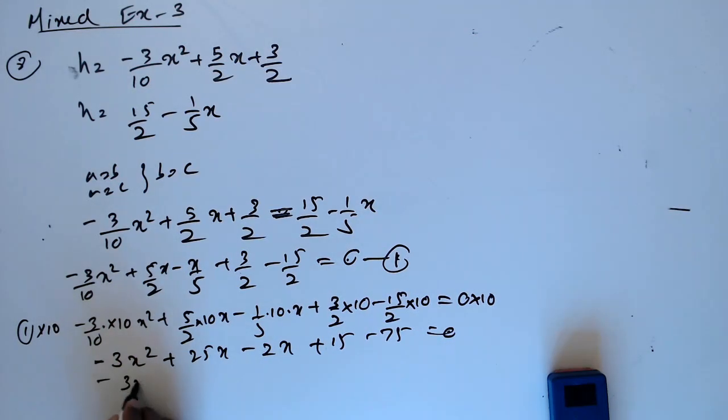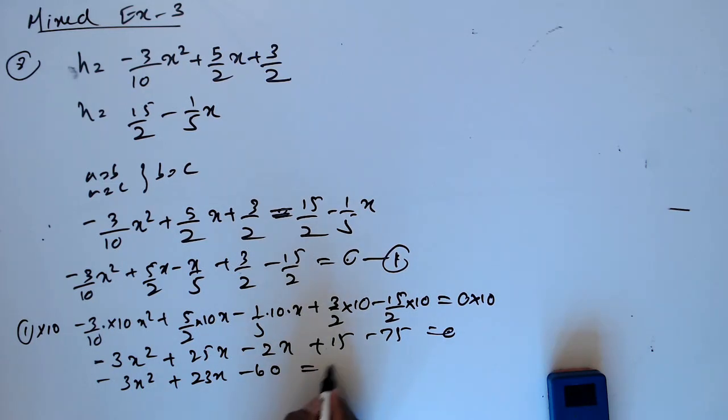So minus 3x square plus 23x minus 60 equals 0.